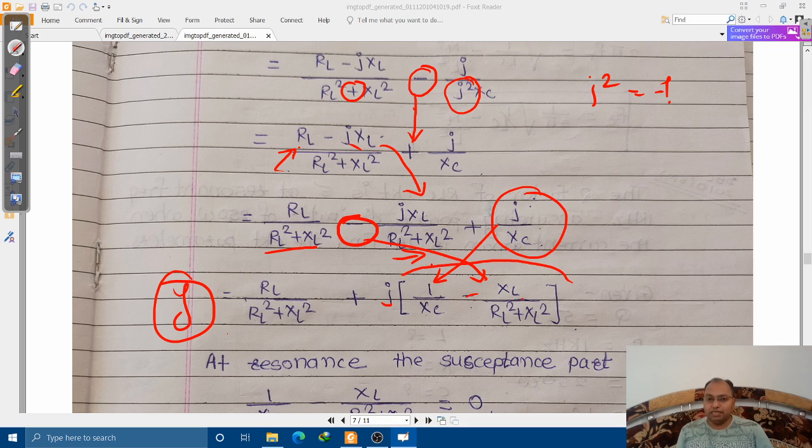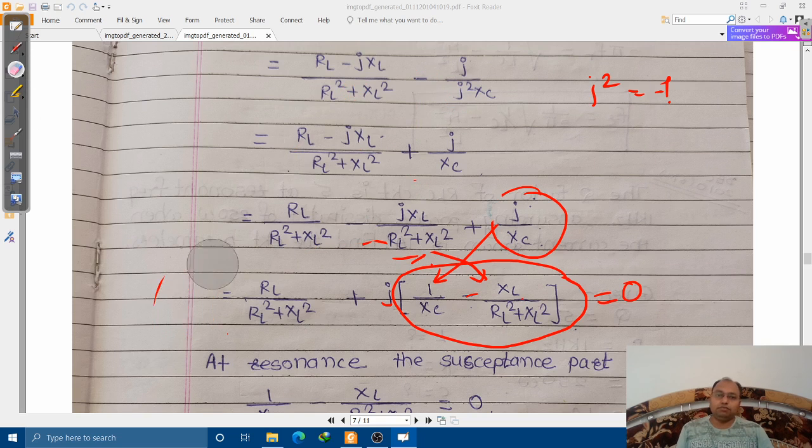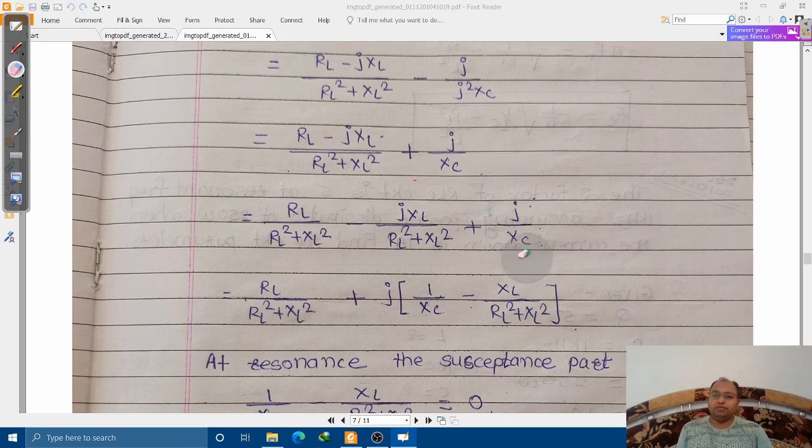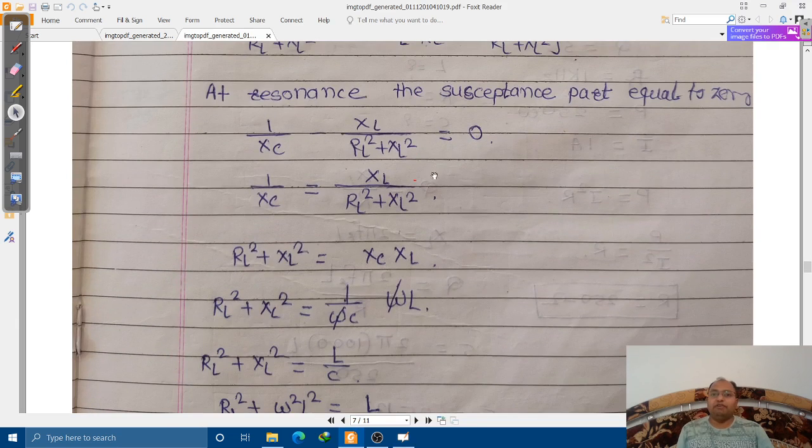That means we are going to equate it to 0, right? Fine, so let us equate it to 0. I hope you are understanding this one. It is very easy actually. So we have equated this term to 0.